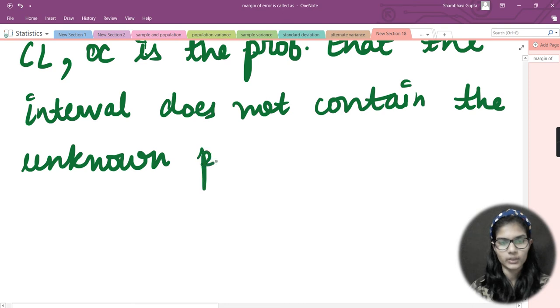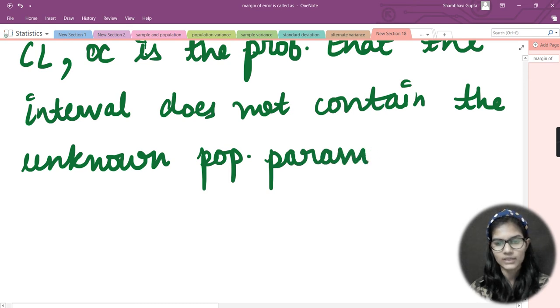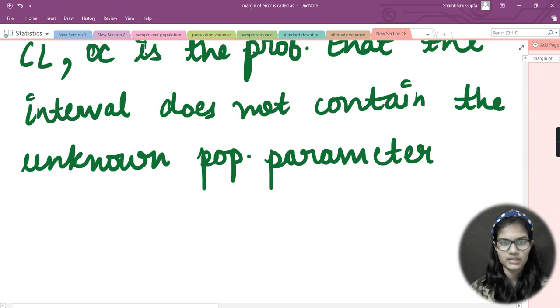In the previous video we discussed the population parameter, we saw one example, and we also discussed population parameters. So this is what alpha is.